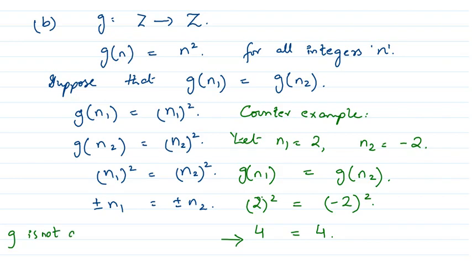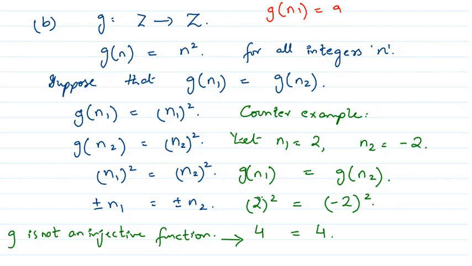Mathematically, the reason is that g of n1 equals g of n2, but n1 is not equal to n2.